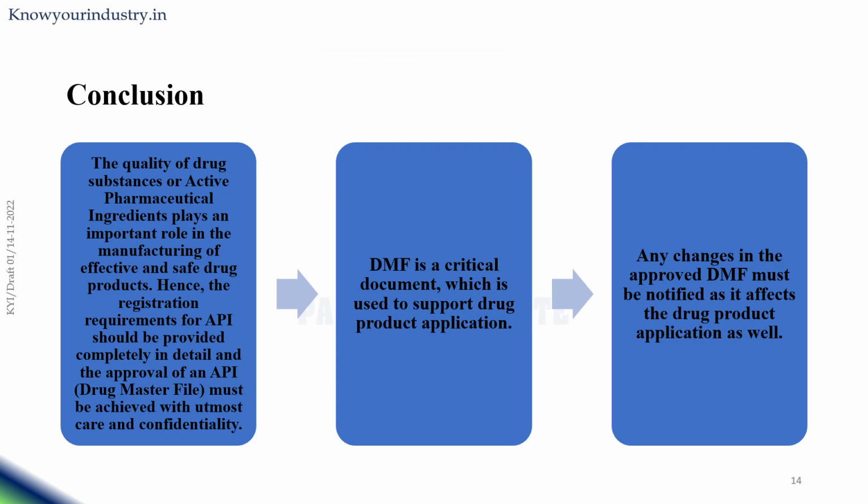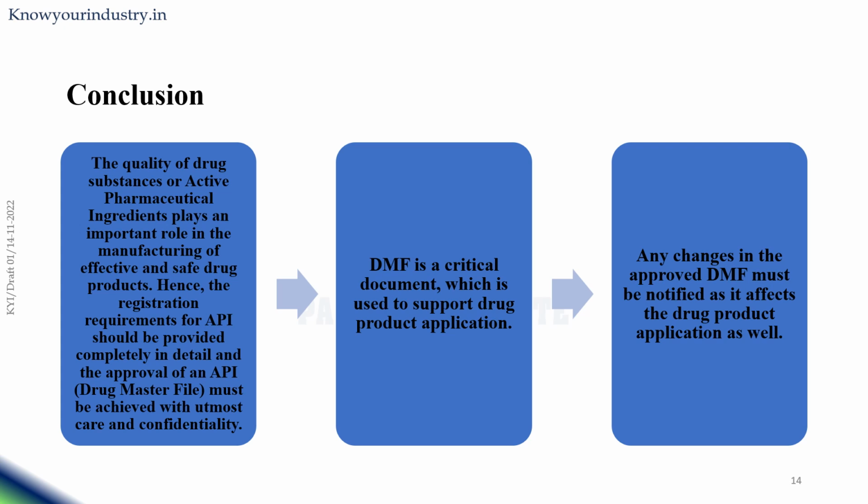As a part of conclusion of this module, now we know that the quality of drug substance or active pharmaceutical ingredients plays an important role in the manufacturing of effective and safe drug products.